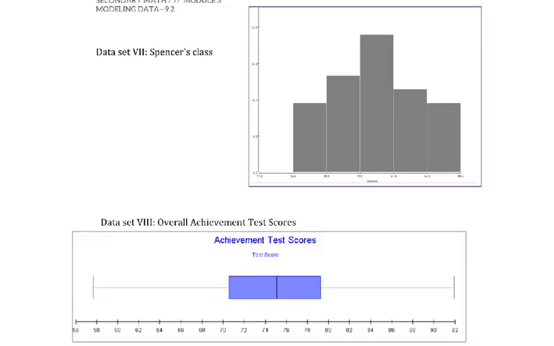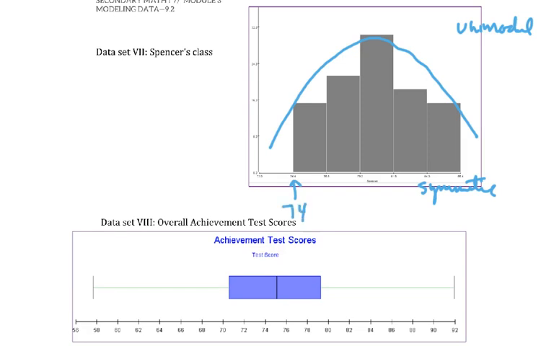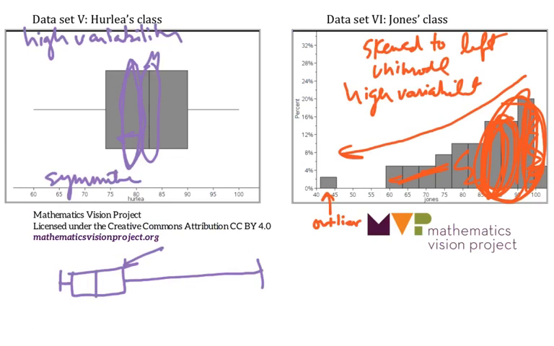Now Spencer's class. This one has that symmetric shape, doesn't it? So we call it symmetric. It is definitely unimodal. I don't see any outliers. Now notice here, this is at 74 to 86, where a lot of these other ones go from like 60 to 100.